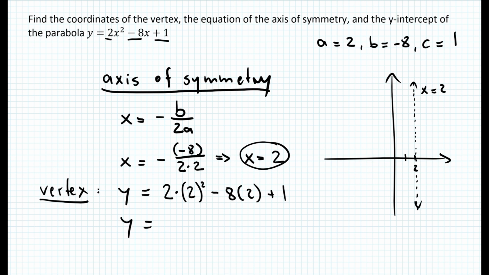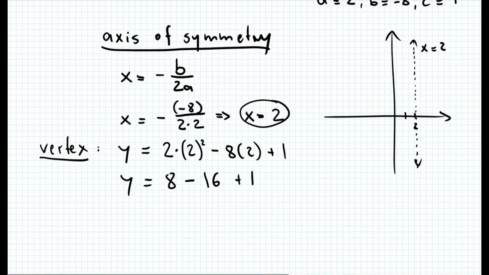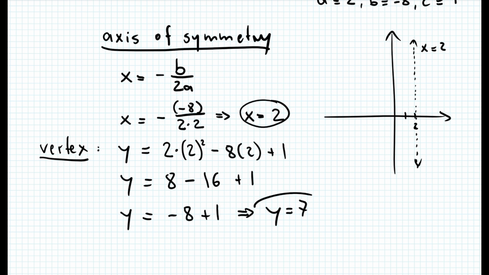So that's 2 times 4 is 8, minus 16, and then plus 1. So here we have y is equal to negative 8 plus 1. So therefore, y is equal to negative 7, okay?